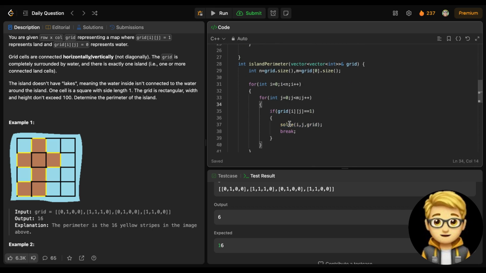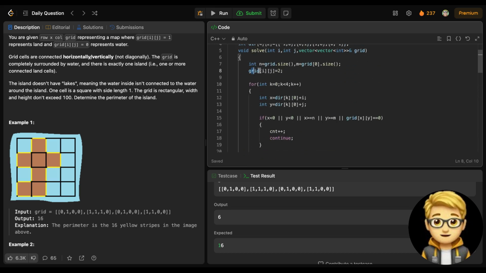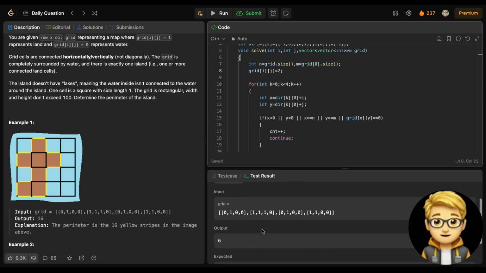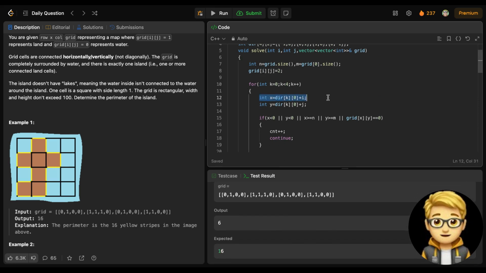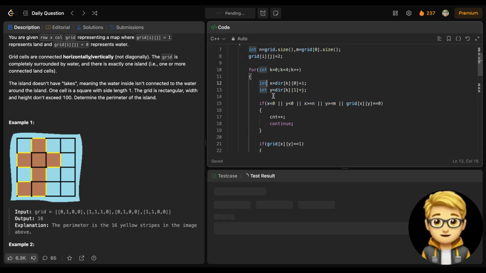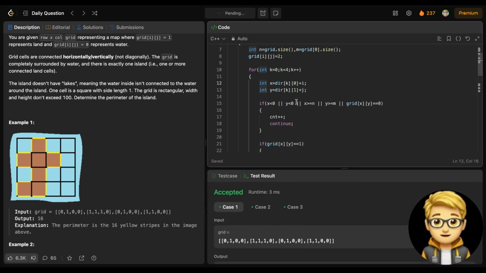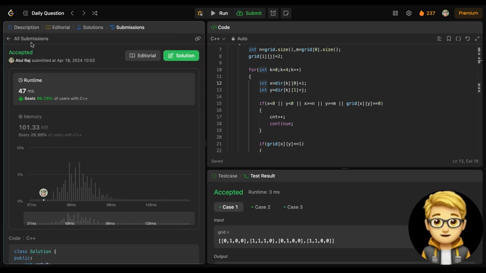If grid i j is 1, I move in the solve function with i j, and I have marked it as visited. Okay, the y coordinate should be 1 here. Let's run. Yeah, we have passed the sample case. Let's submit it. Yeah, we have passed all the cases.